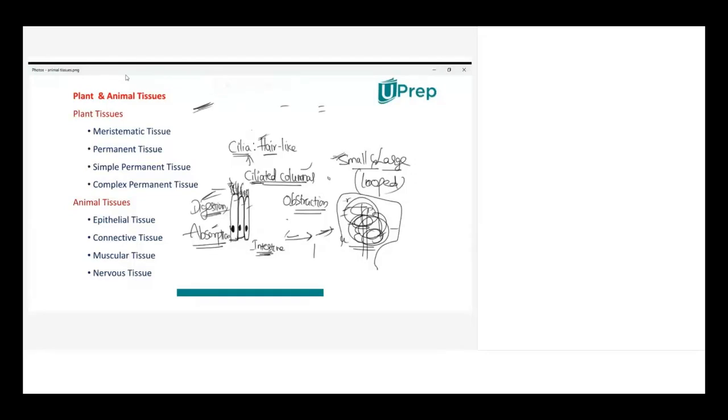And the same ciliated columnar epithelium you will find in the respiratory tract. The best example you can say is the larynx. You know the larynx? Larynx is a part of the respiratory tract.